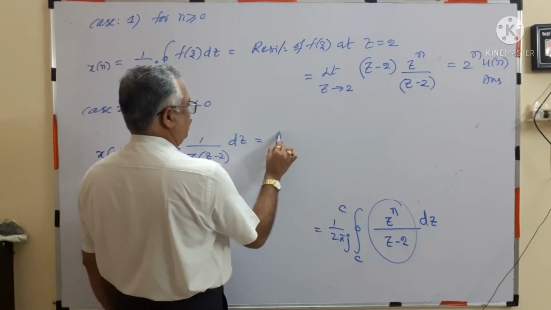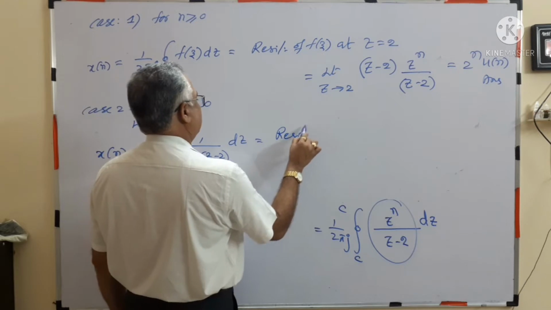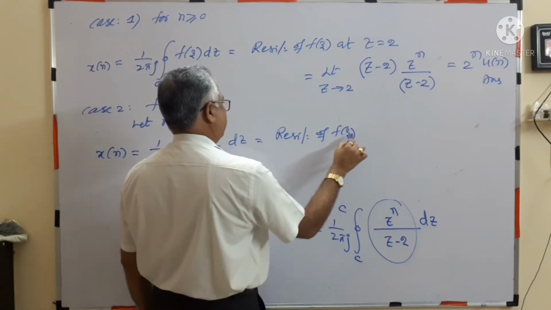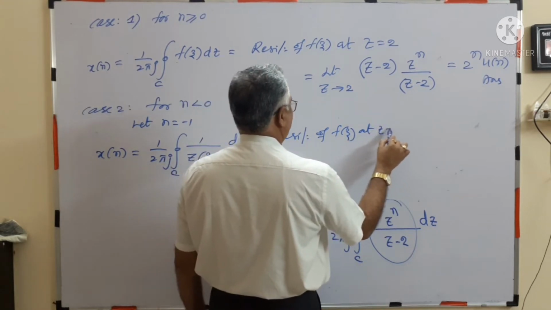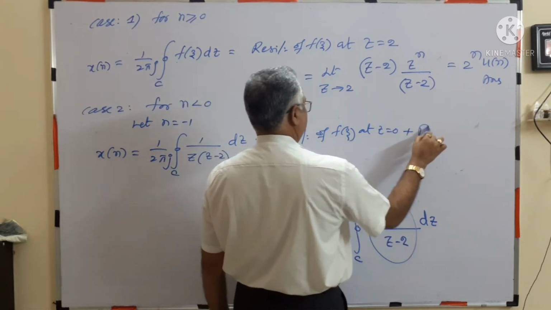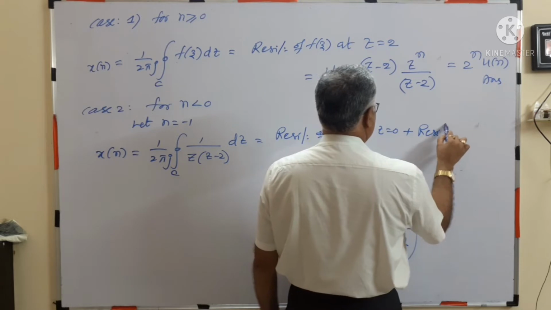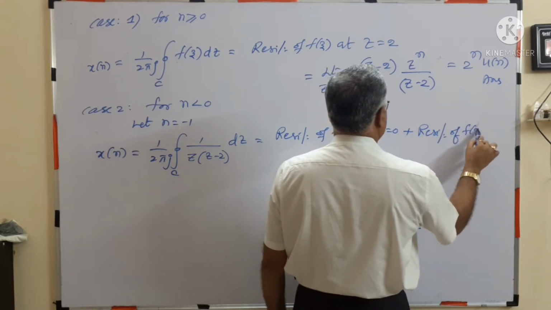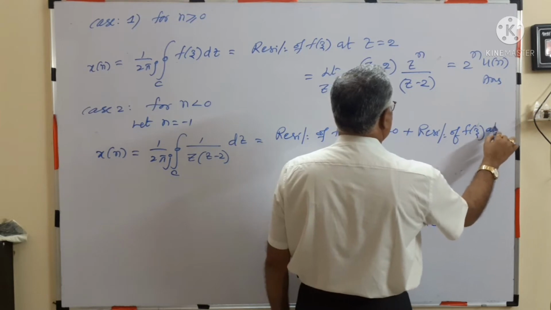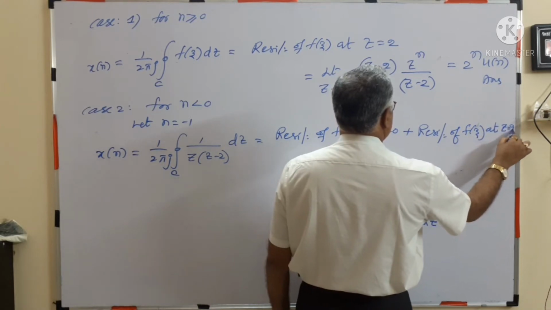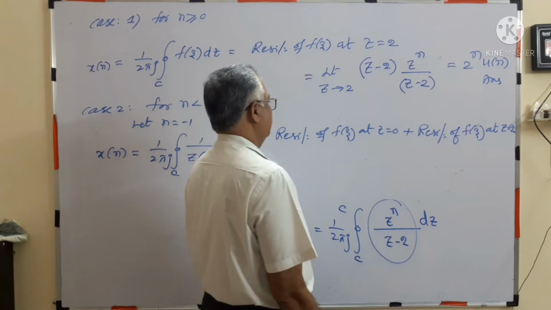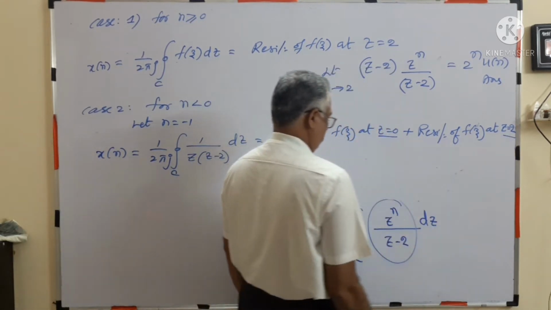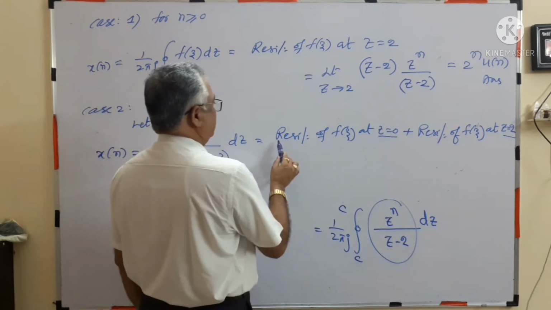So the answer is residue of f of z at z equal to 0 plus residue of f of z at z equal to 2. One is at z equal to 0, the other is at z equal to 2. Both we have to consider.